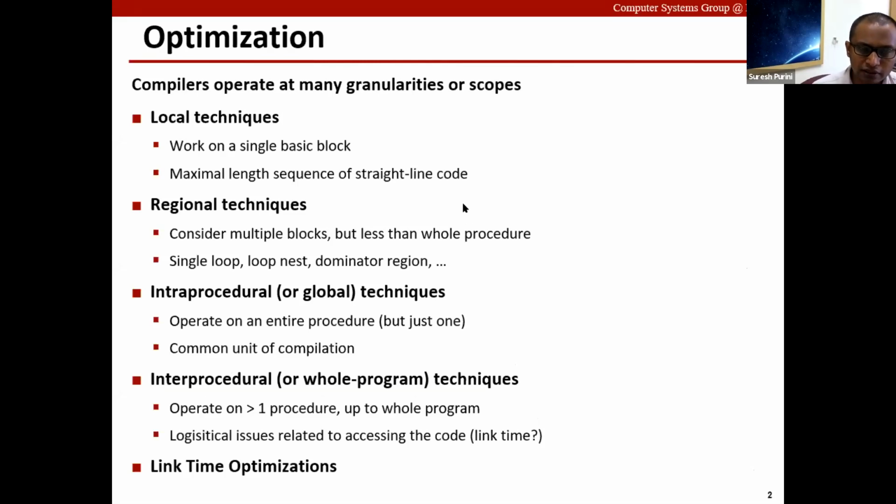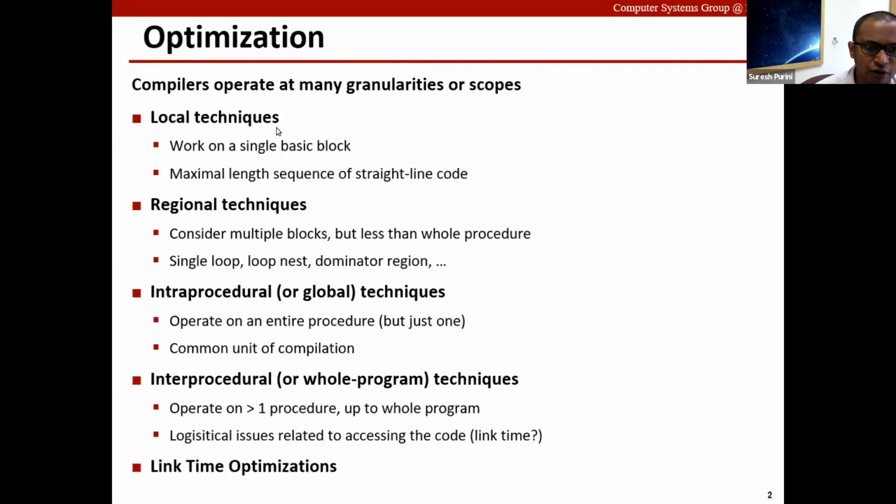When we consider the optimizing middle end, the optimization passes present in it can be classified into different types depending upon the granularity or the scope at which they work.